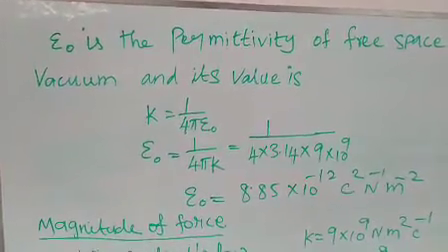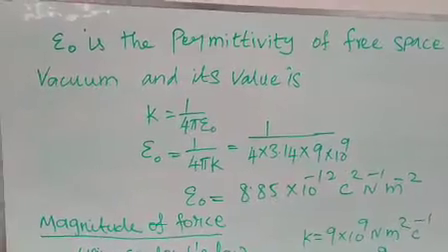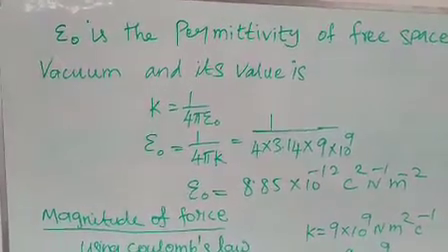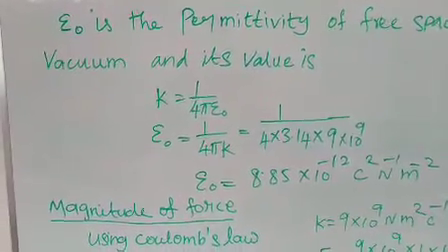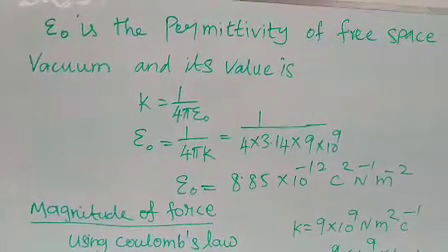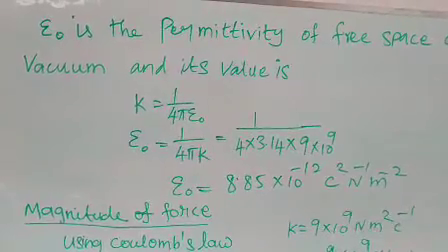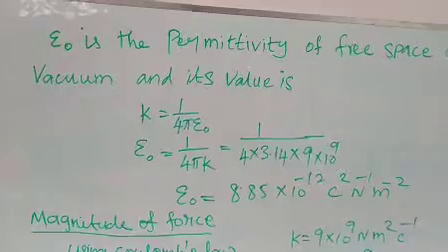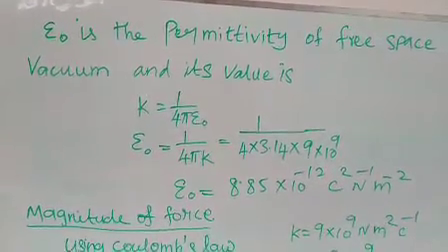Epsilon naught = 1 by 4 pi K, with pi as 3.14, that is 22 by 7, times K value 9 × 10^9. Finally we obtain the permittivity of free space: epsilon naught = 8.85 × 10^-12 coulomb square newton inverse 1 meter inverse 2.